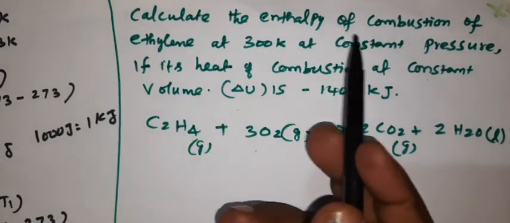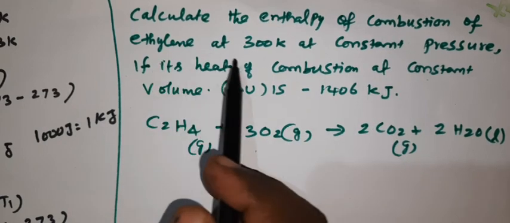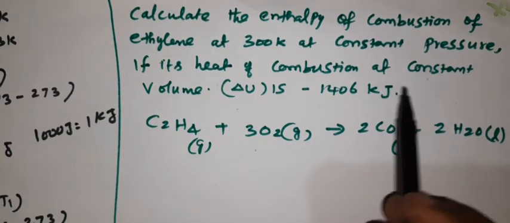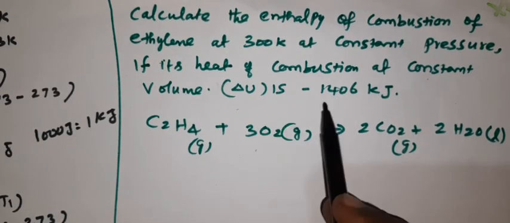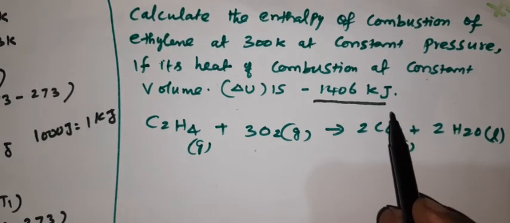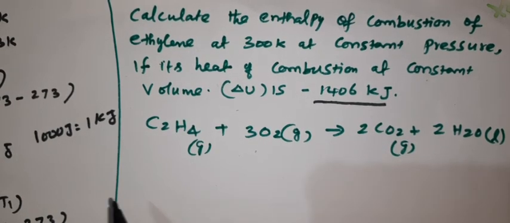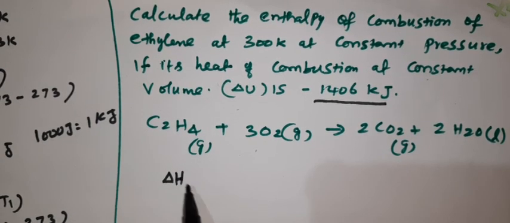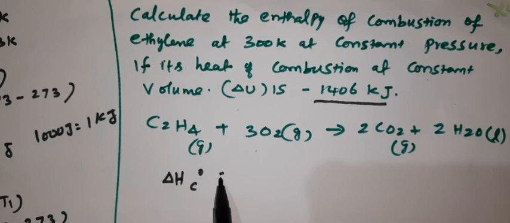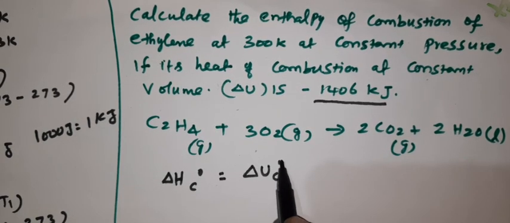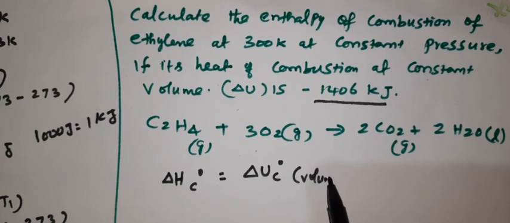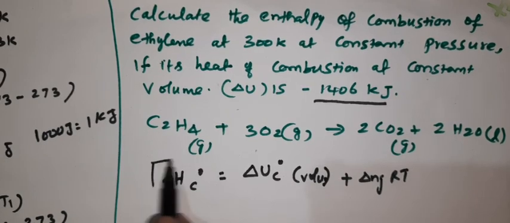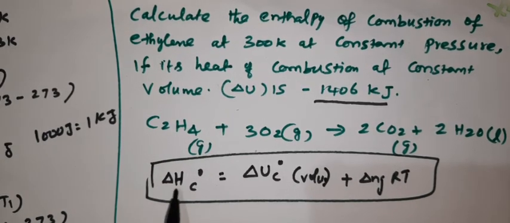Calculate the enthalpy of combustion of ethylene at 300 Kelvin at constant pressure, if its heat of combustion at constant volume, delta U, is minus 1406 kilojoules. In the bomb calorimeter we studied delta H at constant pressure equals delta U at constant volume plus delta n_g RT. So we can use this formula to calculate delta H.